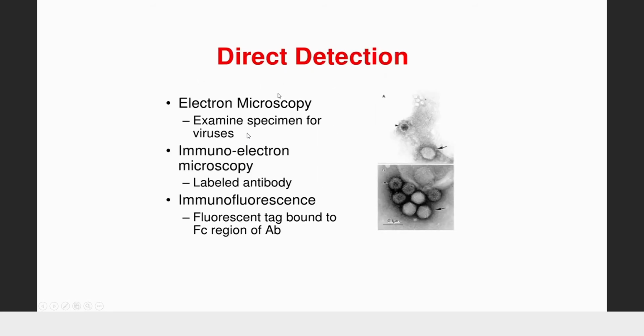Okay, so EM is considered one of the direct detection methods whereby you have a sample. For example, an animal comes up with diarrhea, you can take the sample, pellet it, and then examine the sample under the microscope. This is how the virus looks.